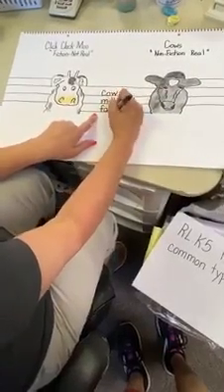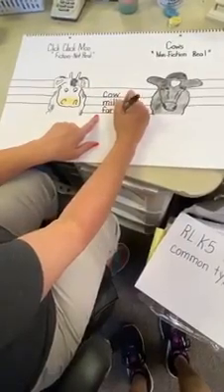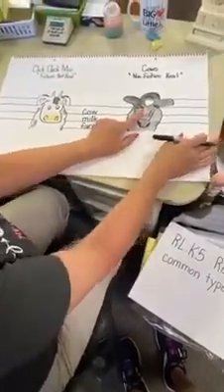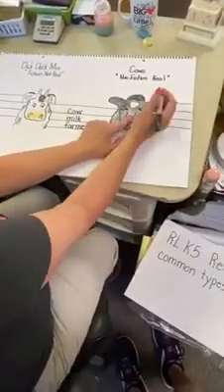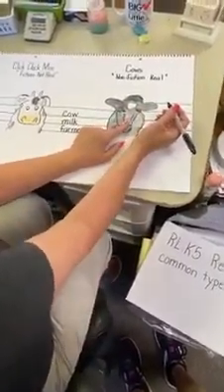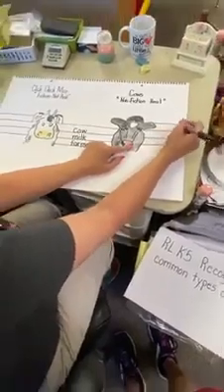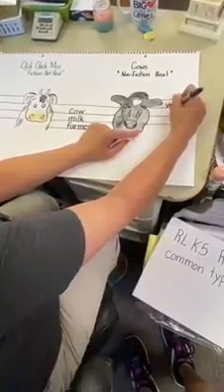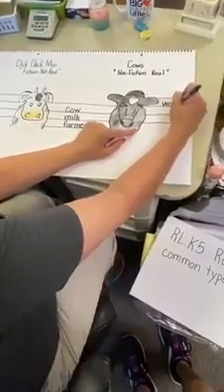Now, let's think of some things that were different in the books. In this book, what was different in this book? In this book, the cow, he worked, didn't he? He didn't have a blanket. He worked.